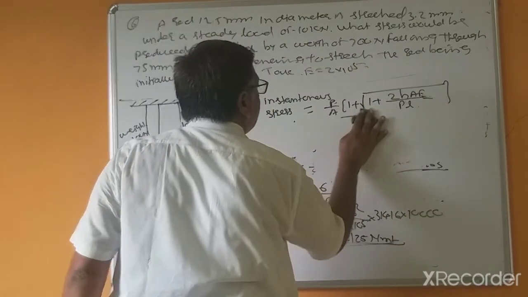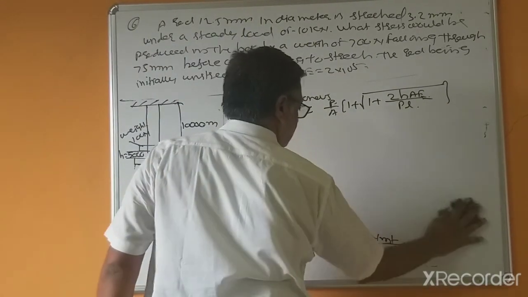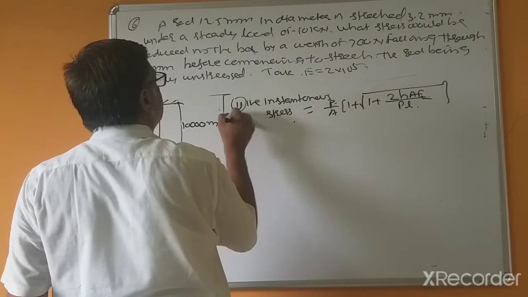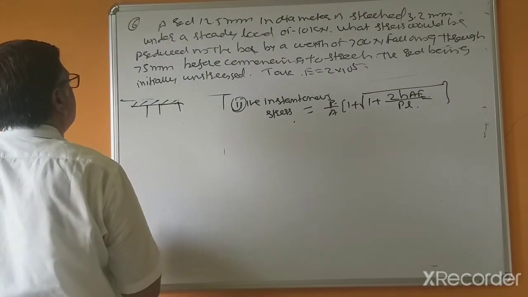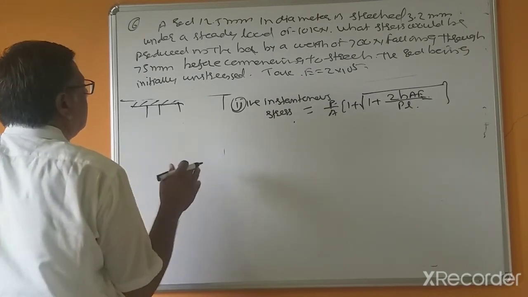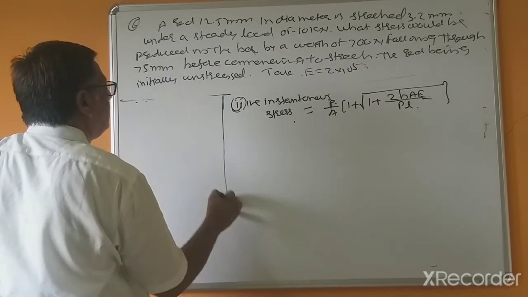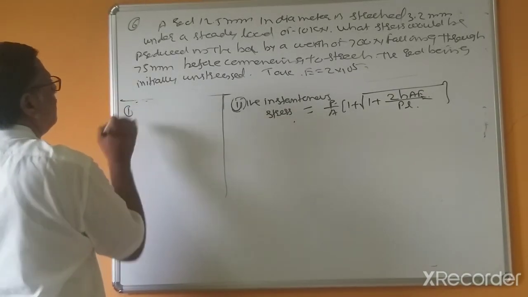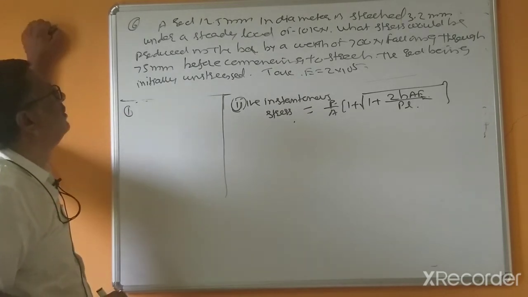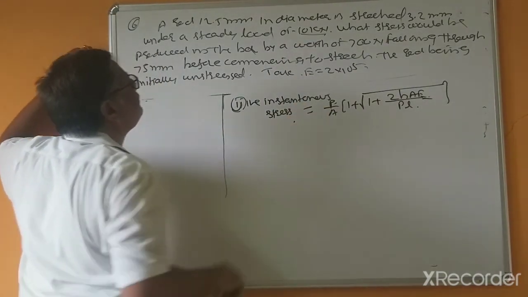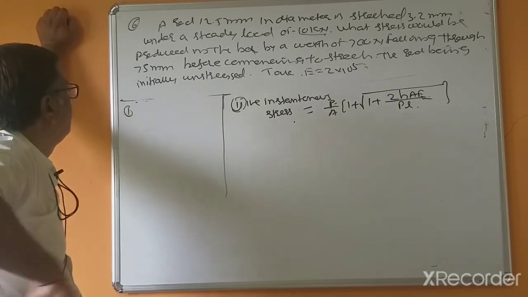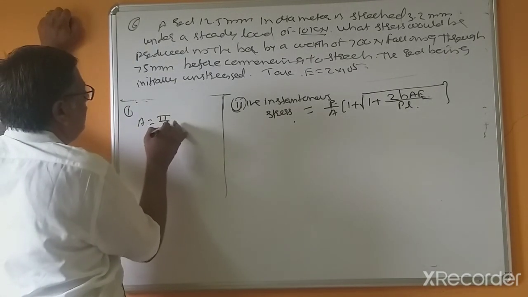So this is the second bit, a rod. First bit: this is 10 kilonewton. First we'll calculate the area.